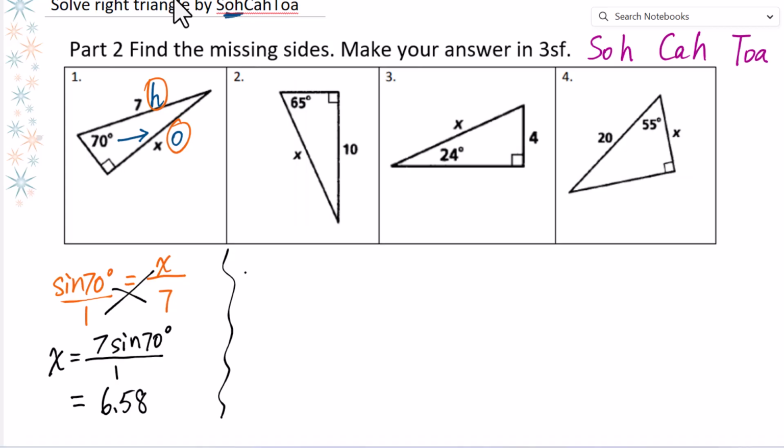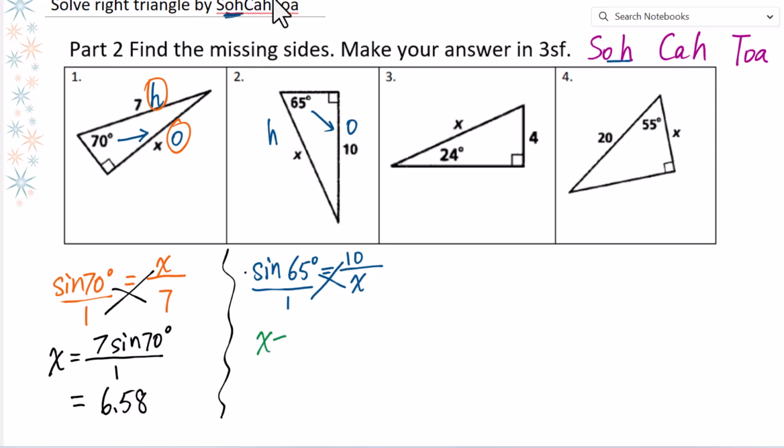Label the sides with variables and values. Hypotenuse, opposite. OH is sine. Sine 65 degrees equals O over H is 10 over X over 1, cross multiply.